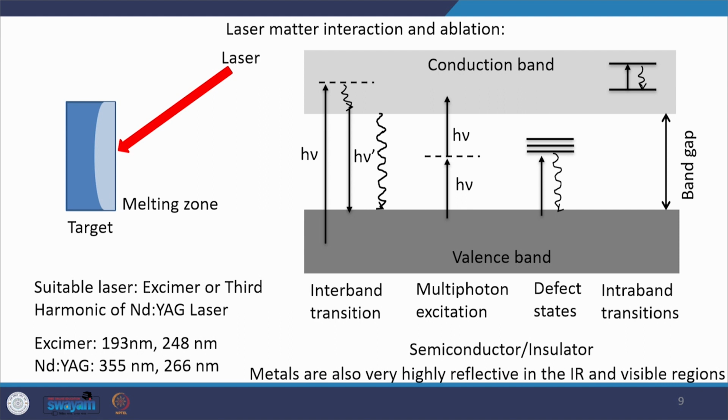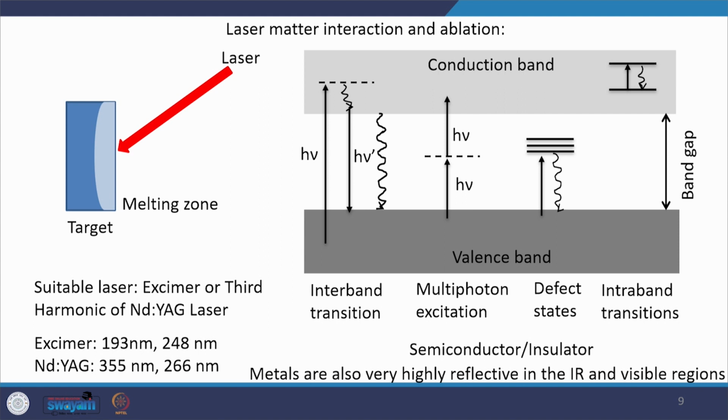This is the interband transition. Generally, if we use a laser wavelength whose energy is greater than the band gap, one can expect interband transition, which is generally very efficient, with single photon excitation.